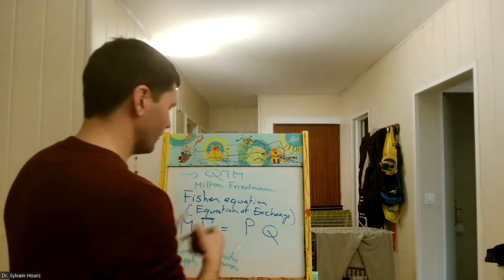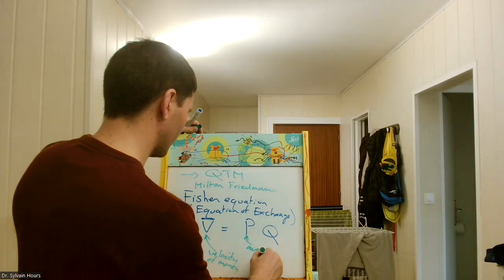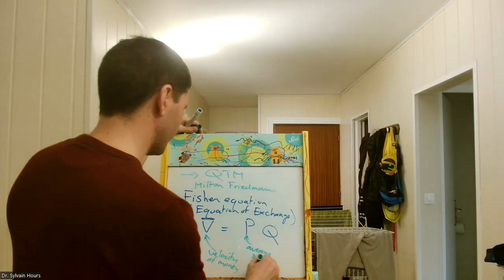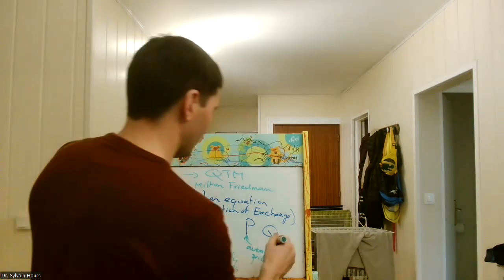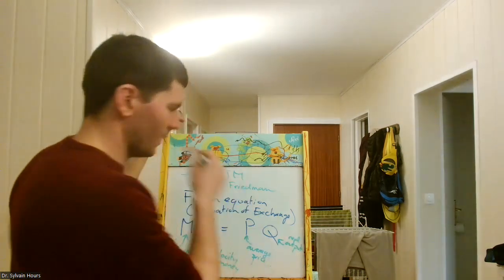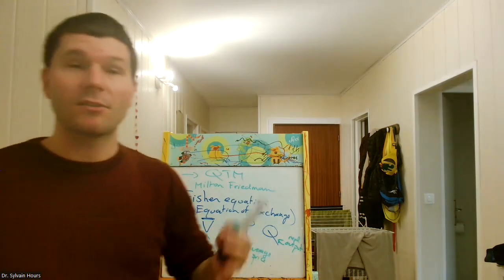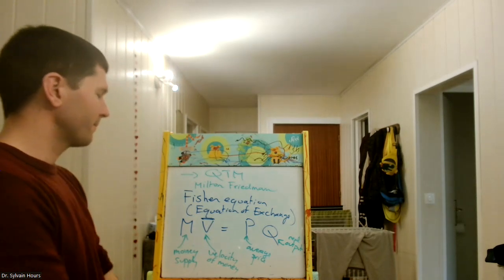P is the price level, so the average price in the economy. And Q is the output, the real output. So basically how much has been produced in the economy over a given period of time.